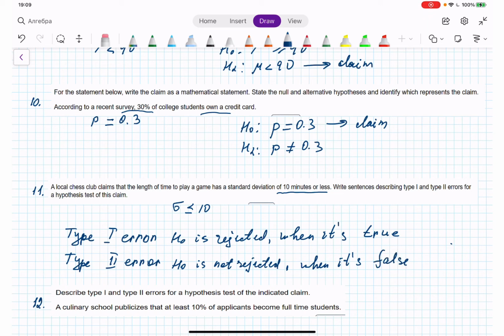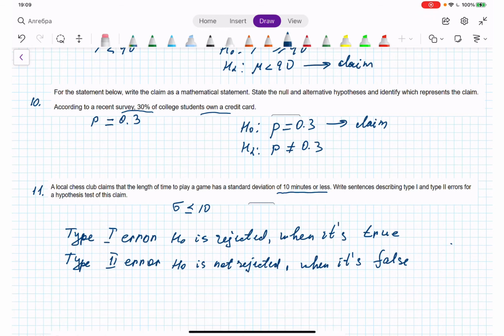Okay, so what do we have in this case? What can we say? We can say that a type 1 error will occur if the actual standard deviation on the length of time to play a game is 10 minutes or less.